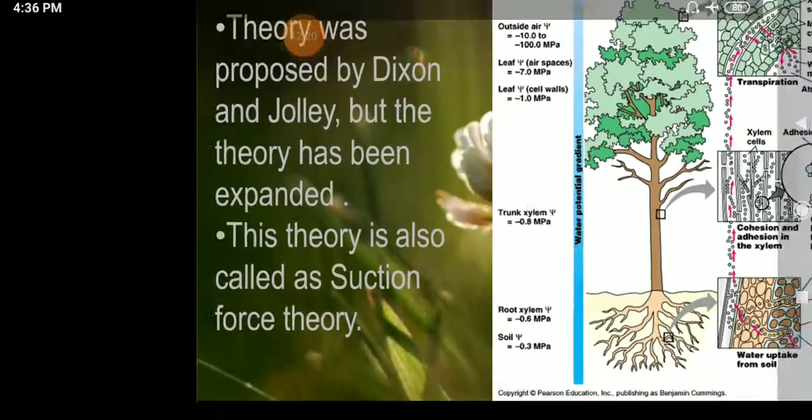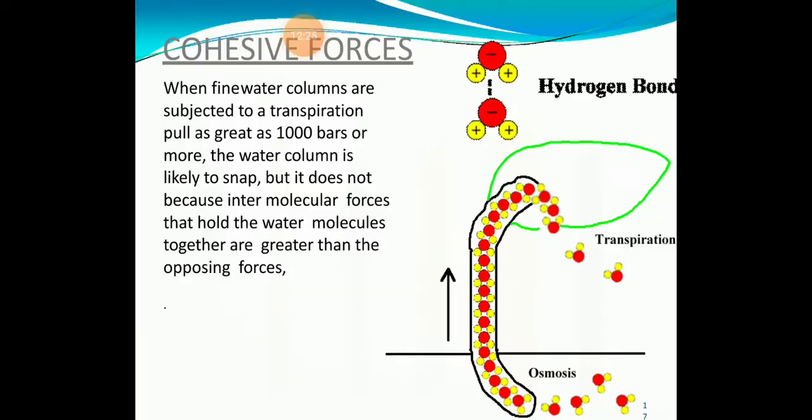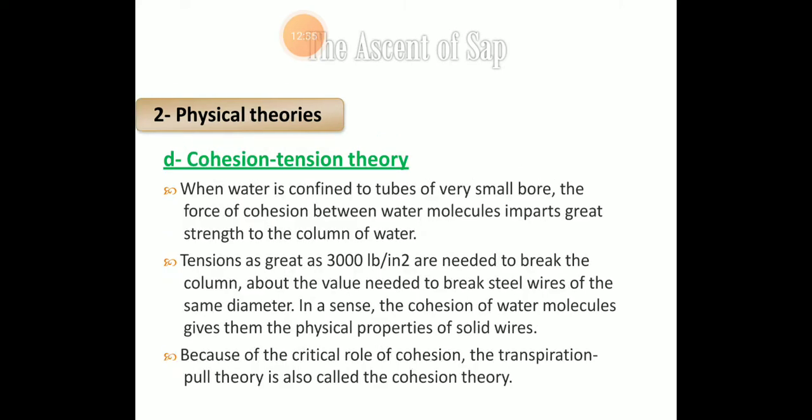That was explained by Dixon and Joly in their cohesion and tension theory. They mentioned that the cohesive force is mainly involved in the upward movement of the water molecule.